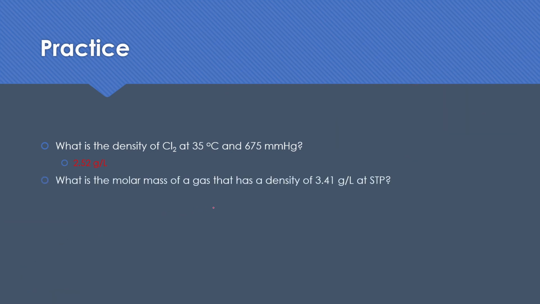What is the molar mass of a gas that has a density of 3.41 grams per liter at STP? Okay, remembering that if density is equal to pressure times molar mass over RT, then molar mass is equal to density times R times T divided by P. So 3.41 grams per liter times R times the temperature at STP, 273, divided by the pressure, 1 atmosphere.